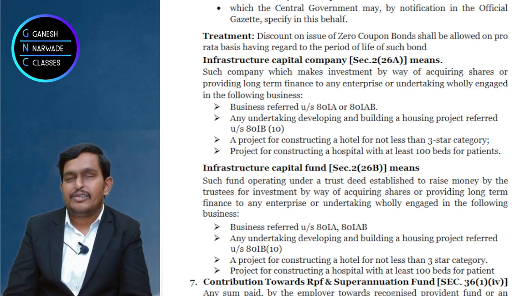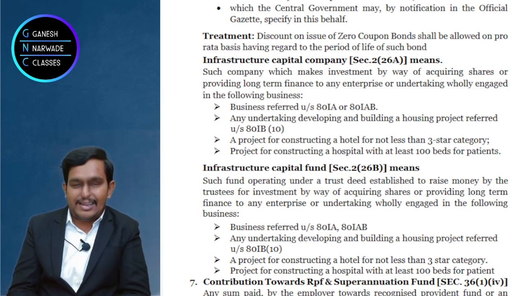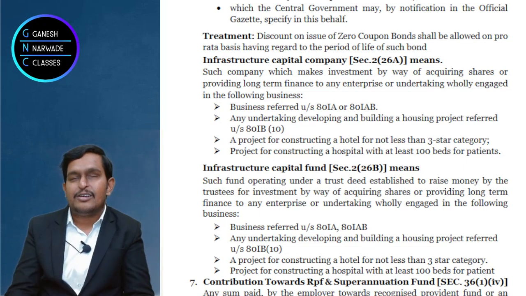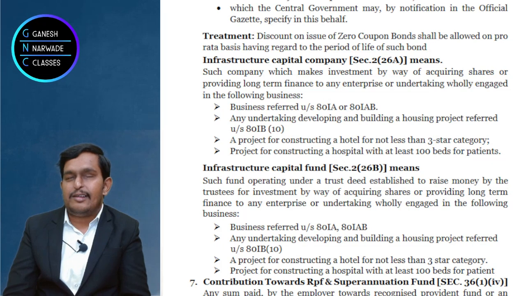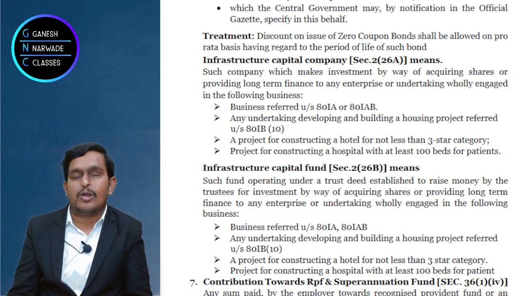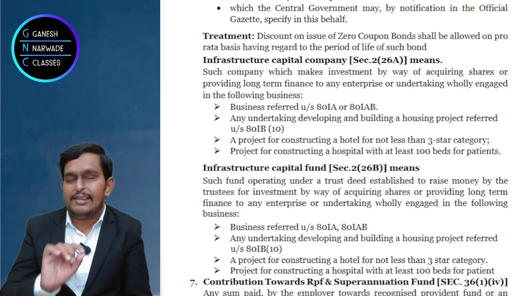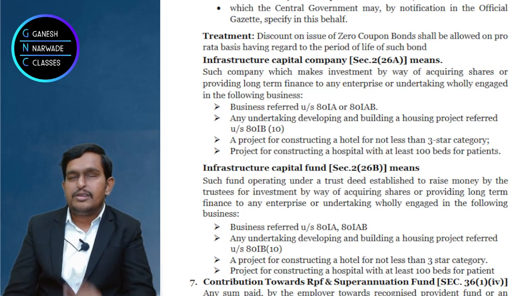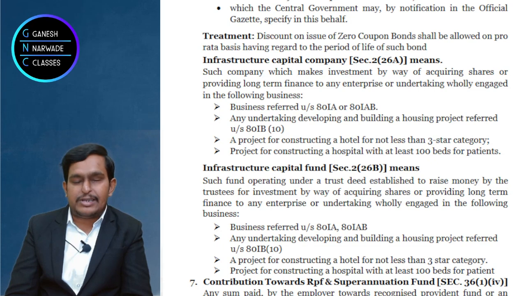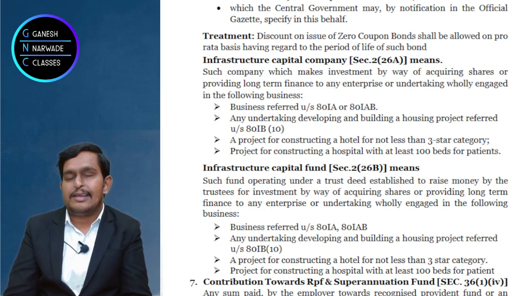Okay. So we discuss section 36 subsection 1 clause 3A, discount on zero coupon bonds. Zero coupon bonds are mentioned under section 2 clause 48. What are they? Those which are issued by infrastructure capital companies, infrastructure capital funds, public sector undertakings, or scheduled banks.